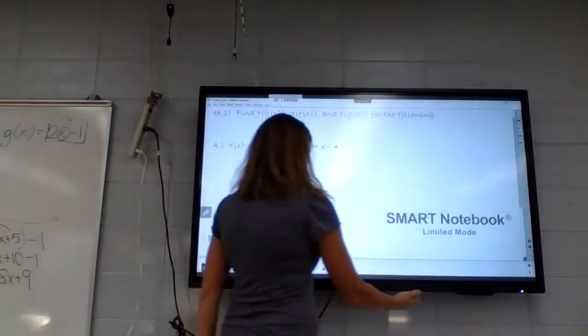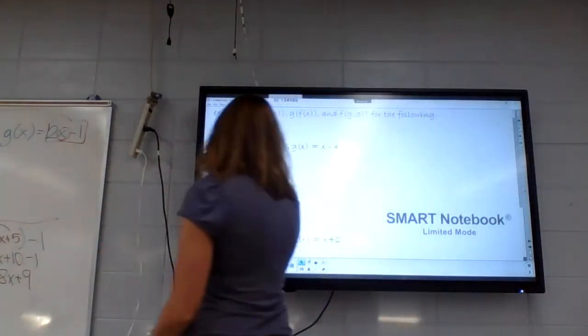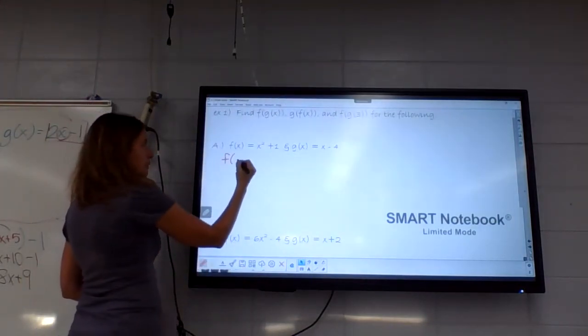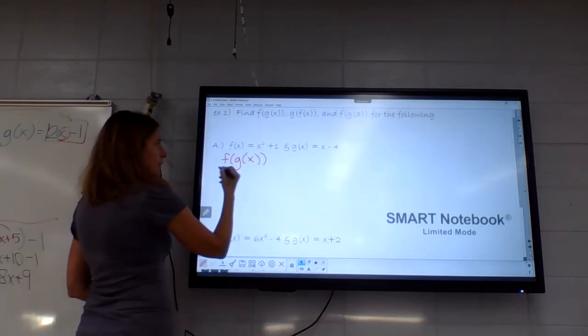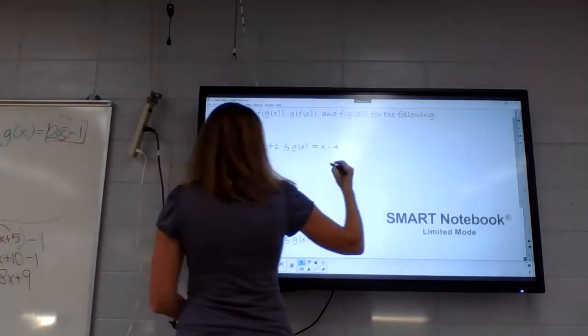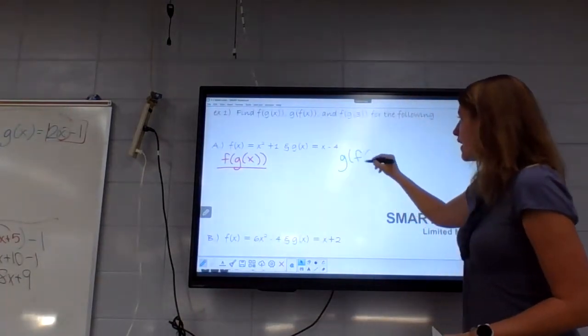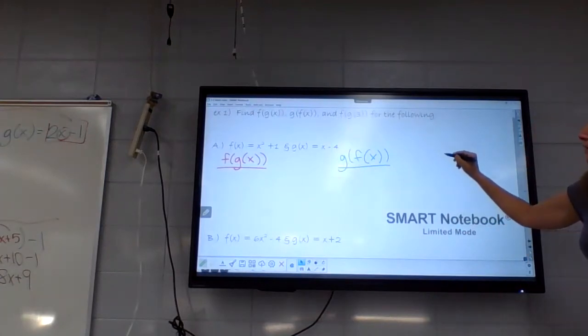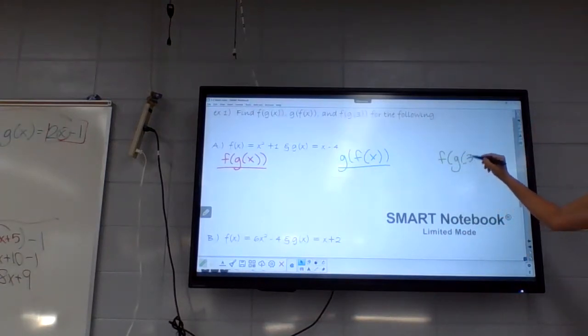I'll break each problem into our 3 parts. We have to do f of g of x, then g of f of x, and then, thinking back to the warm-up, f of g of 3. So they're giving us a value for x as well. And we're also going to simplify them as we go. Once you put them in, like we did on the board over there, we're going to simplify.